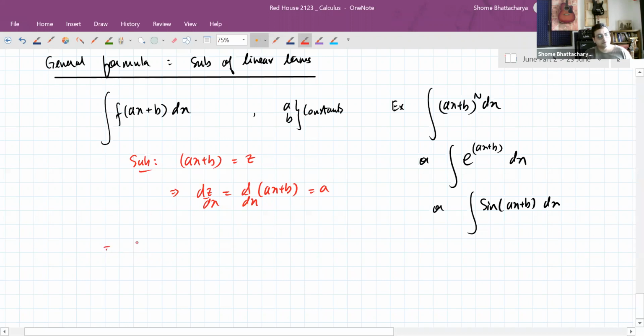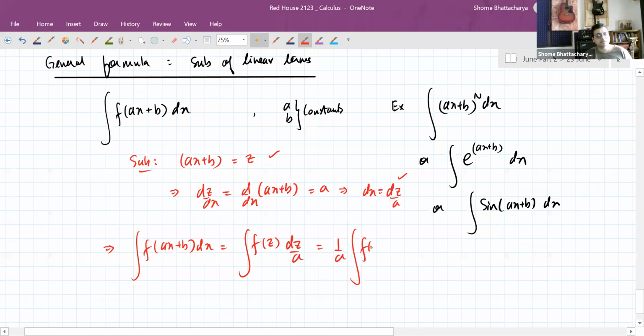So before that, if we cross multiply, dx is equal to dz divided by a. So this thing and this thing have to be substituted. Integration of whatever function becomes integration of f of z into dx. Now dx is dz divided by a. So 1 by a integration f of z dz.